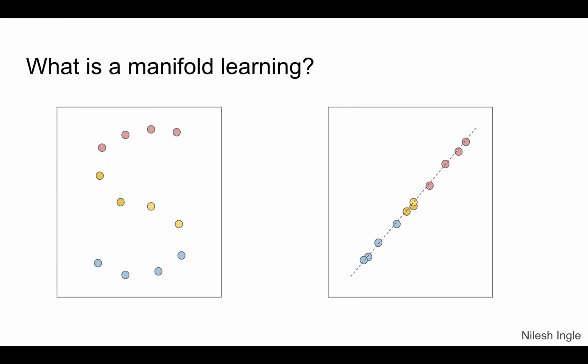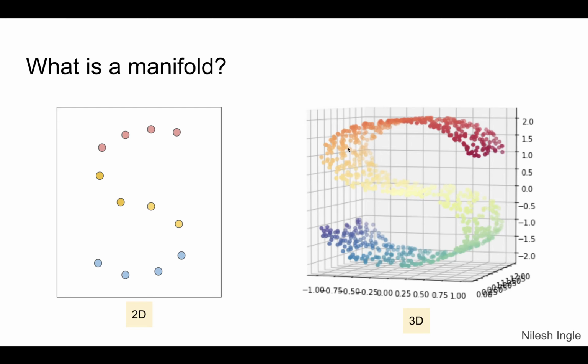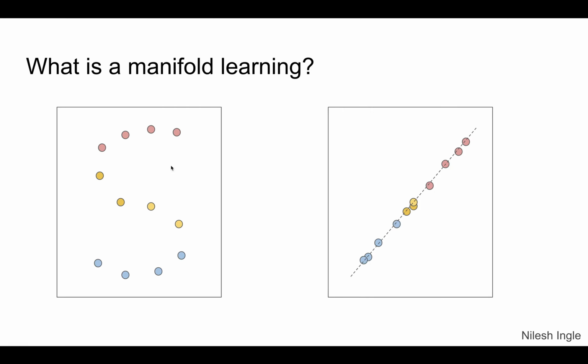So manifold learning, what we are trying to do is, if you remember, we've looked at clustering. So the idea is to separate groups of clusters. However, the challenge when the data points are arranged in this particular fashion, it's sometimes not possible to identify the clusters easily.